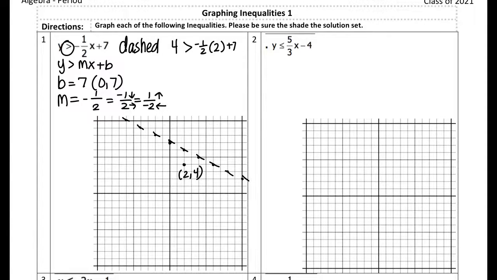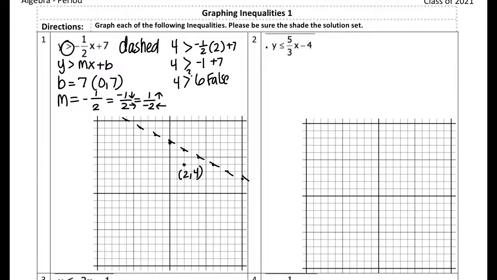So I want to know if this ends up being true. I want to know if 4 is greater than negative 1/2 times 2 plus 7. Well, negative half of 2 is negative 1, plus 7. Negative 1 plus 7 is 6. Is 4 greater than 6? No, it's not, which means this is false.